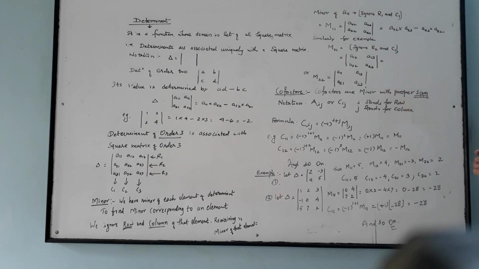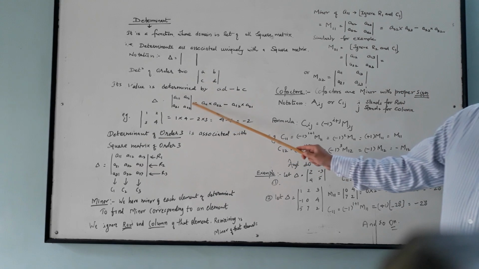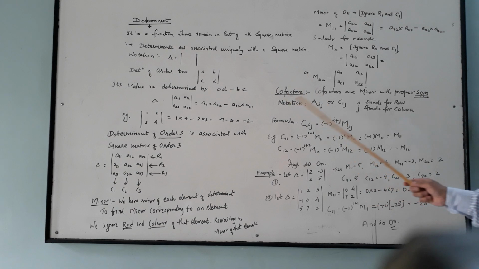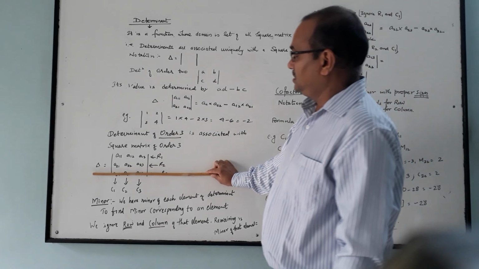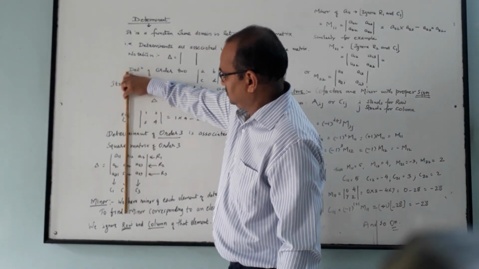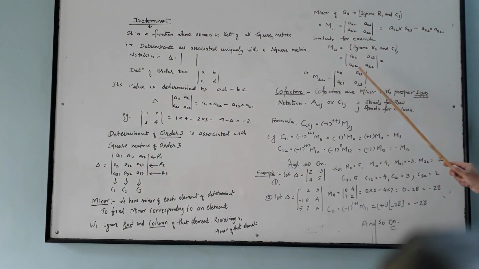We can find the value with this formula or method. Similarly M32, I have directly written: we have to ignore R3 and column 2. So we will be getting here in the first column A11, A21 and the remaining is A13 and A23.